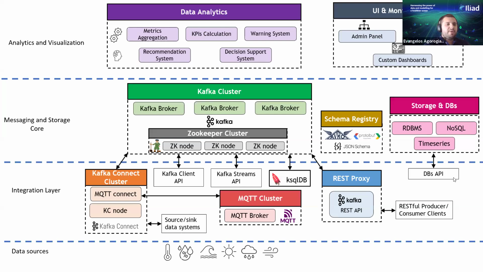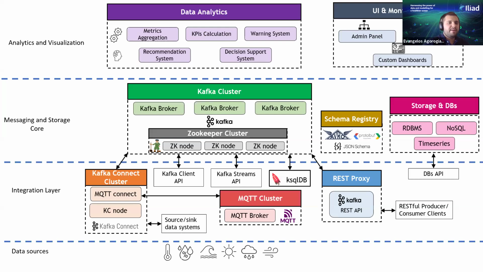We also have the database APIs, which are the APIs offered by the storage and the different databases that we support in order to access and query all the data that are stored within the platform. And this is the overall picture of the integration layer, connecting the data sources with the main core.